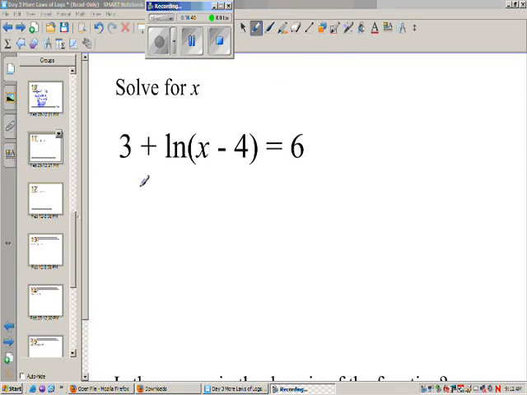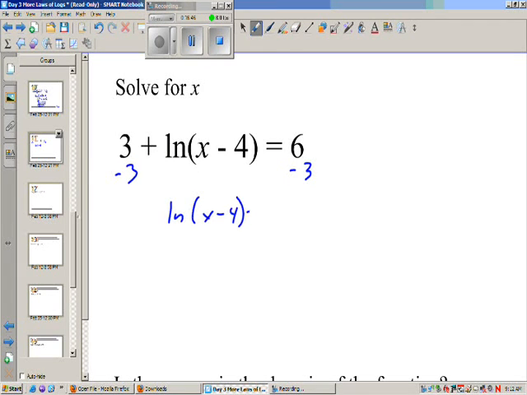Alright, for this new problem, we do the same thing as we previously did. We subtract 3 from both sides. Natural log of x minus 4 is equal to 3. So now this has a base of e, so this is saying e to the third power is equal to x minus 4. Now if I add 4 to both sides, I have e to the third plus 4 is equal to x.